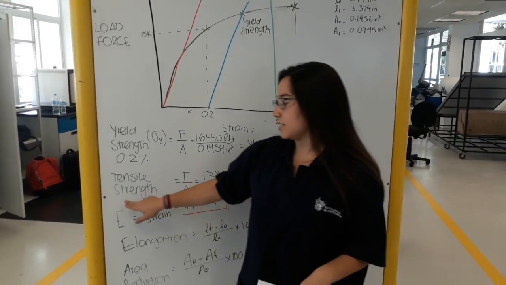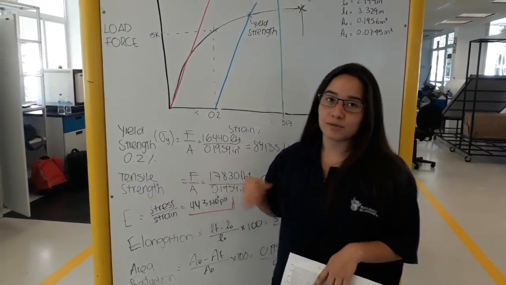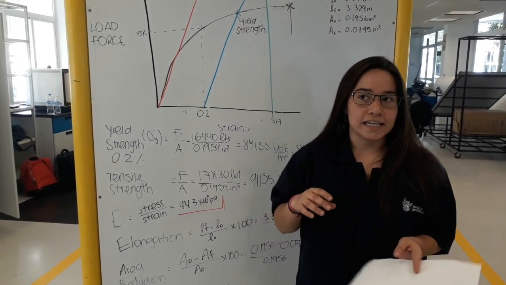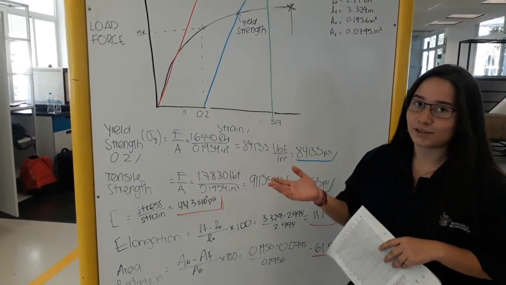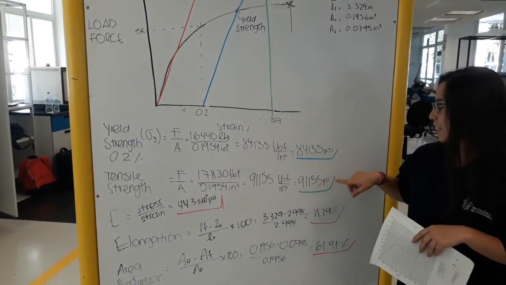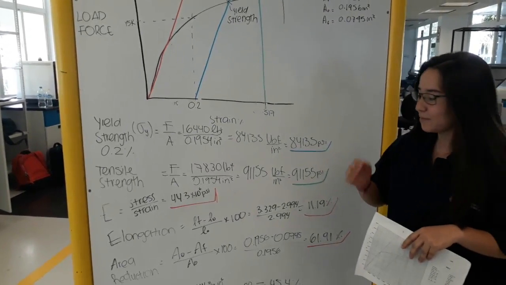Then we got the tensile strength, that is also the force divided by the area, but in this case the force is where it breaks, so it's a different force, and we got 91,000 psi.